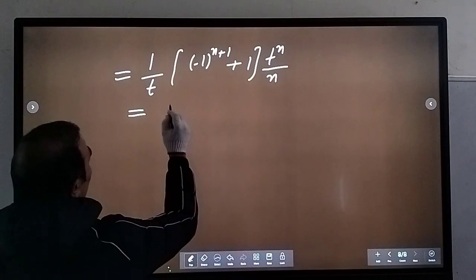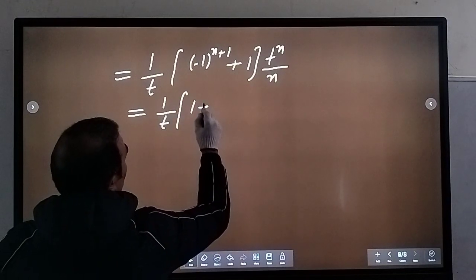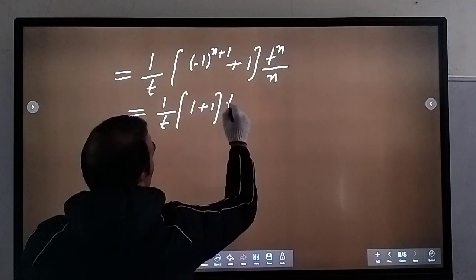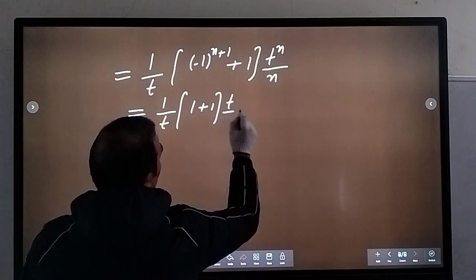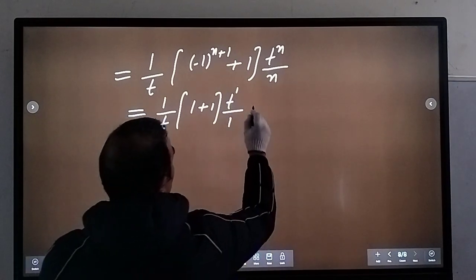So putting n equal to 1, so this will be 1 by t into that will be 1 plus 1, t raised power 1 by 1, and plus that.